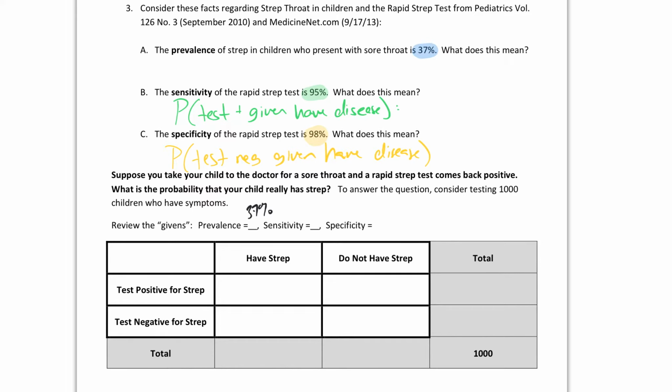So I'm just going to write 370 people have strep. Now we need to use the sensitivity and the specificity to fill in the top left and the bottom right. So let's use those two pieces of information.